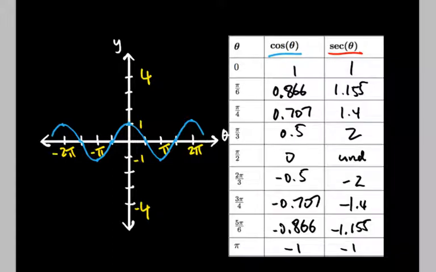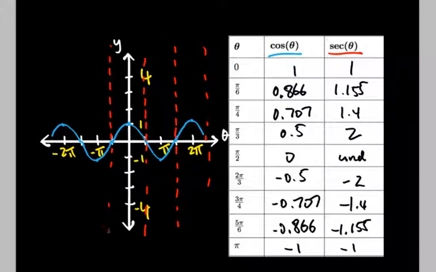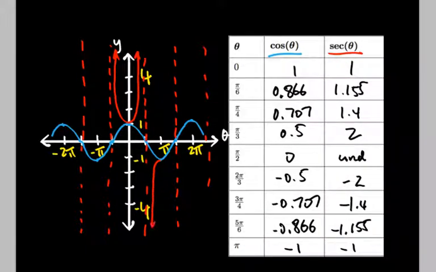Again, similarly, notice that at the zeros, the x-intercepts, you're going to have these asymptotes going on. So you can draw those there. And then just do the exact same thing that we did with cosecant, because at the ones and the negative ones, they're going to intersect and just go in opposite directions like this.